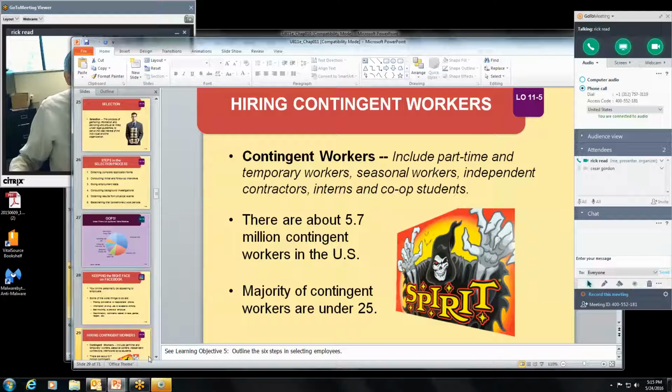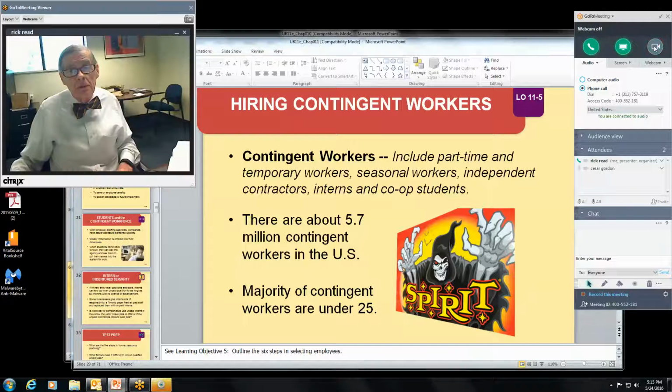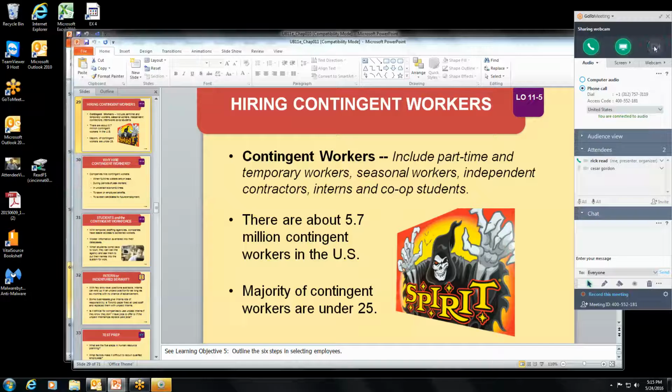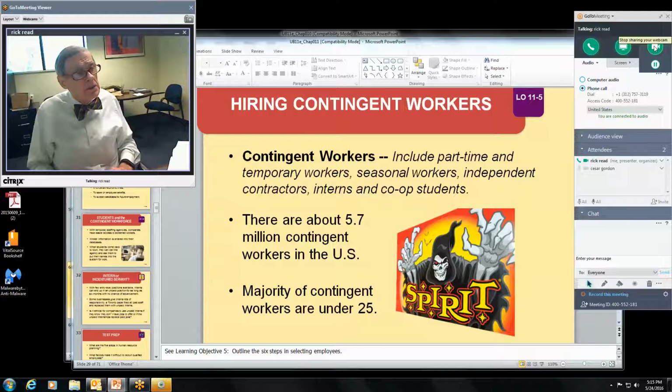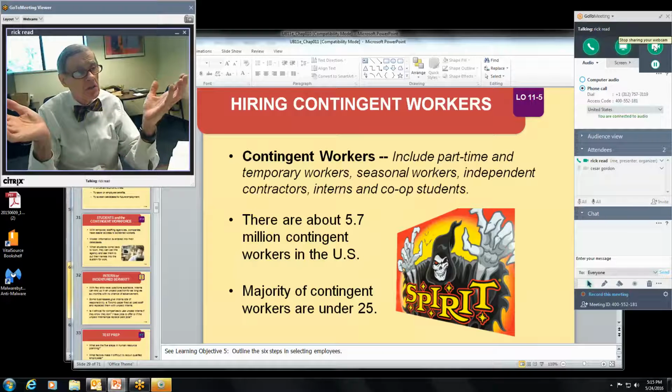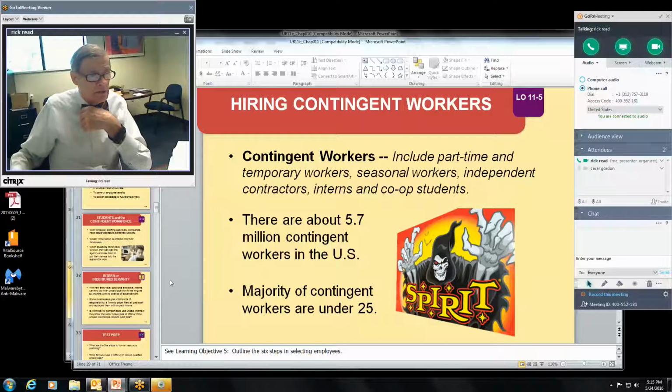Facebook and other online places are ways to find employees, Monster.com and things of that nature. A lot of employers hire contingency workers. Usually they're part-time, seasonal. There's some benefits to that because you don't have to pay Social Security and things of that nature.